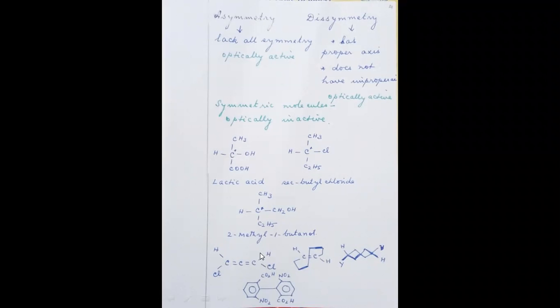So these are the very important salient features to be discussed in this optical activity and the optical isomerism or enantiomerism. So what are enantiomers? They are compounds with the structures of mirror images, which cannot be superimposed on each other. If one enantiomer turns the plane of a plane polarized light towards right, the other one will turn towards left.